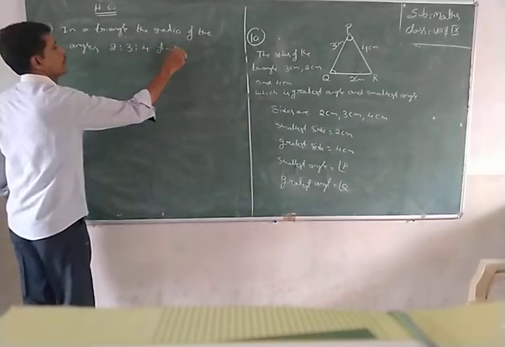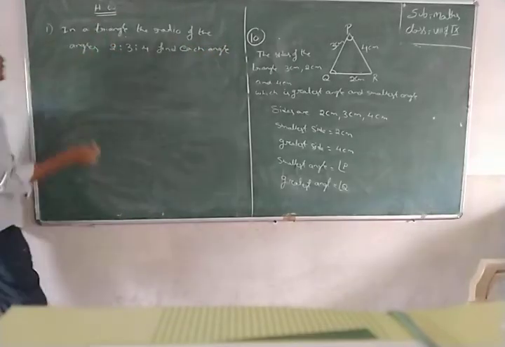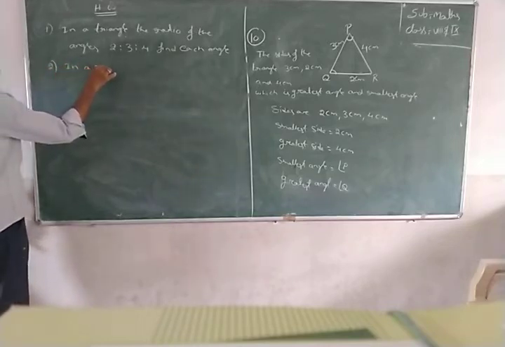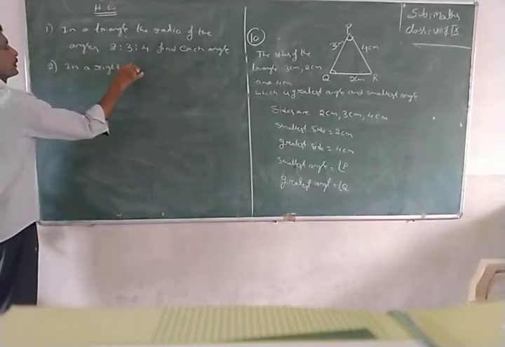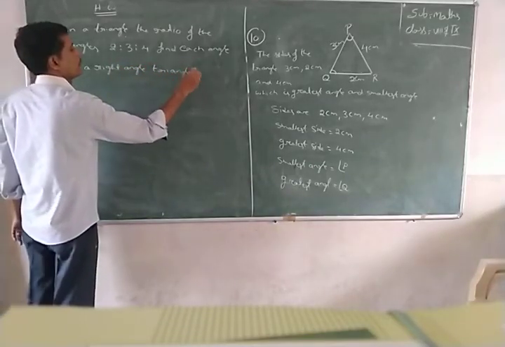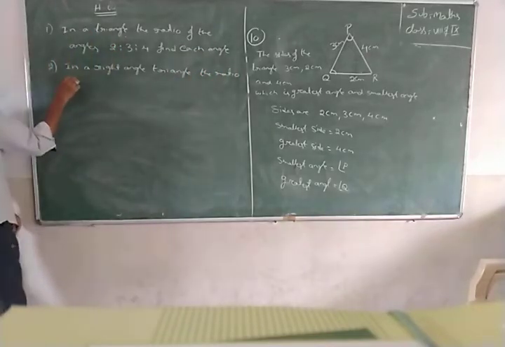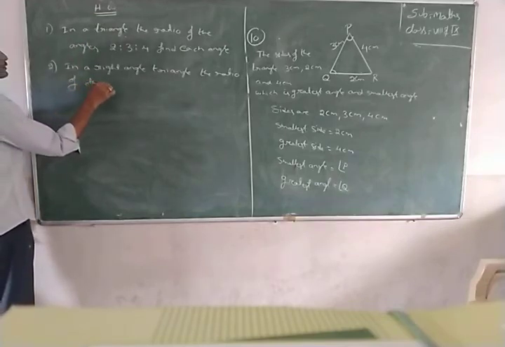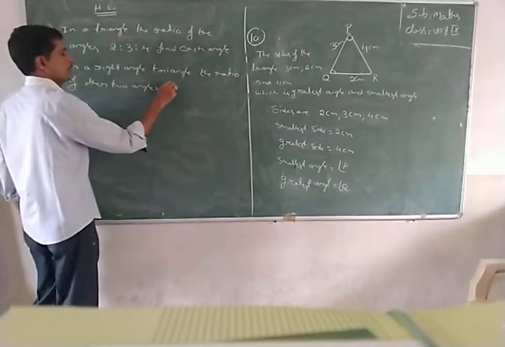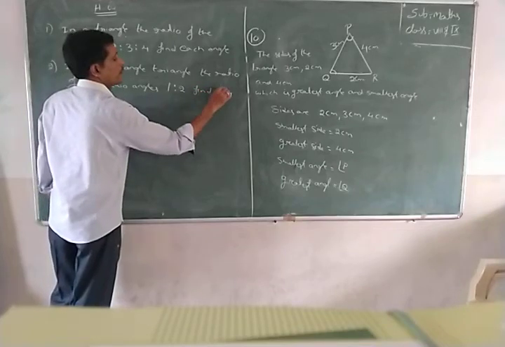Find each angle. Next one, in a right angle triangle, the ratio of the other two angles is 1:2. Find the angles.